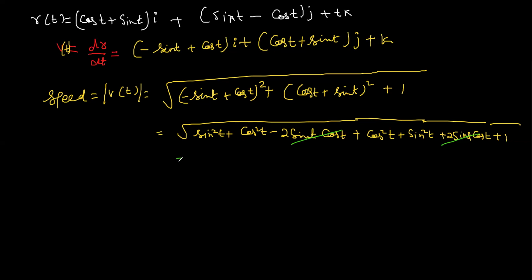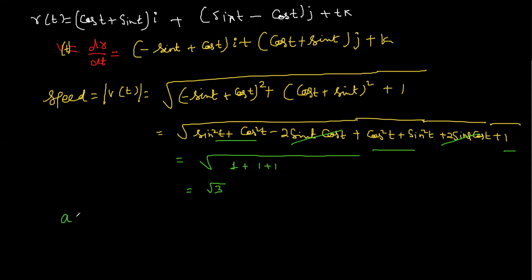Sin square theta plus cos square theta is 1. So 1, 1, 1. How many ones are there? 3. So the speed is root 3.